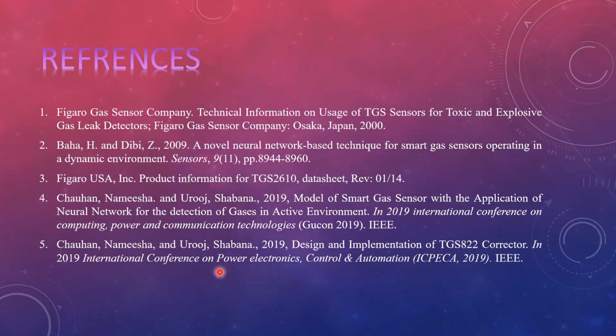So these are my references. This was my paper, and most of the data has been shared from this paper only. I have also presented two papers in other conferences, where I presented the lab portion of this data.